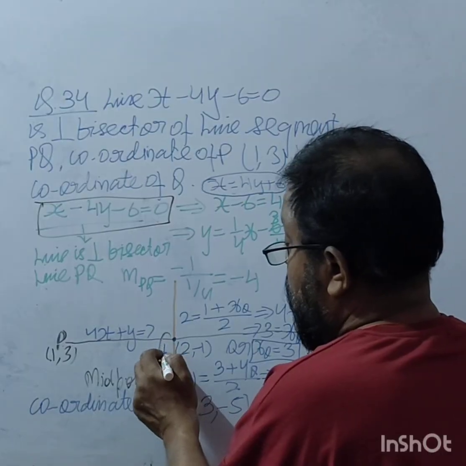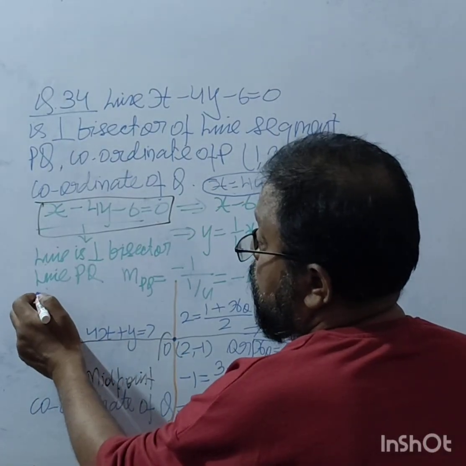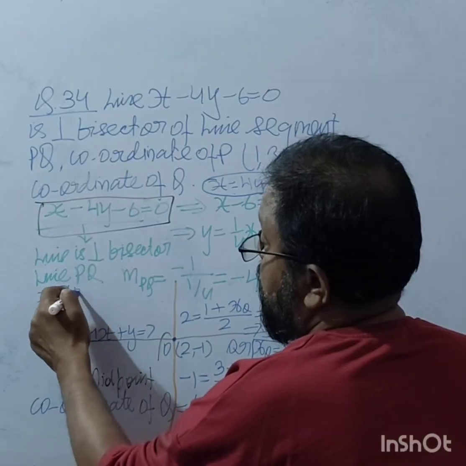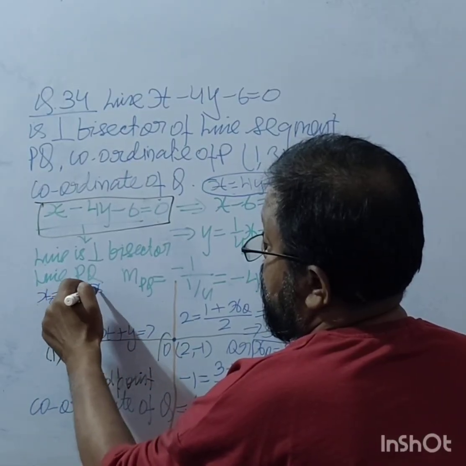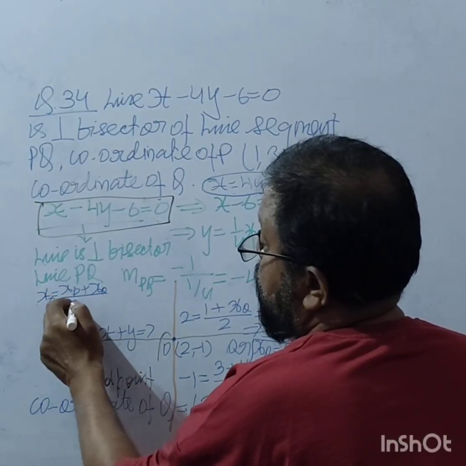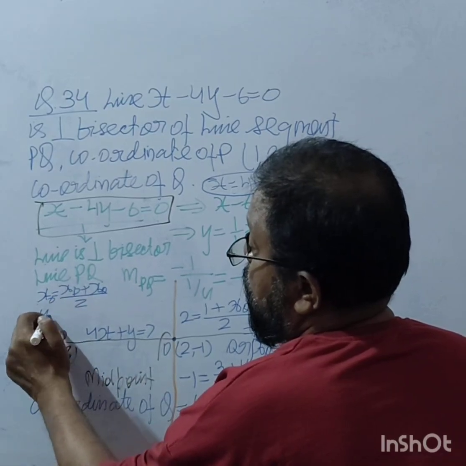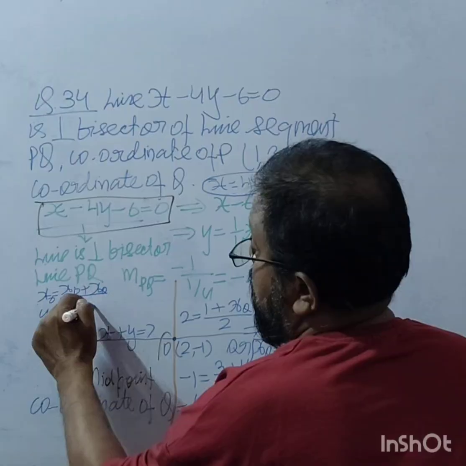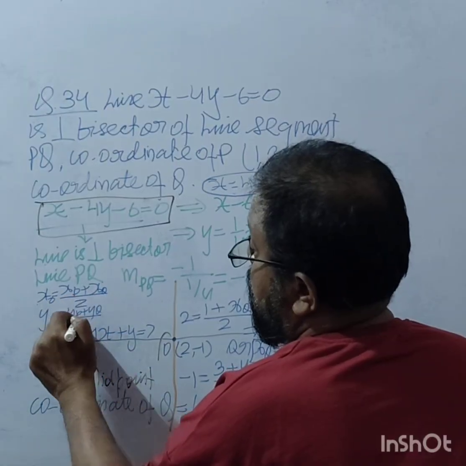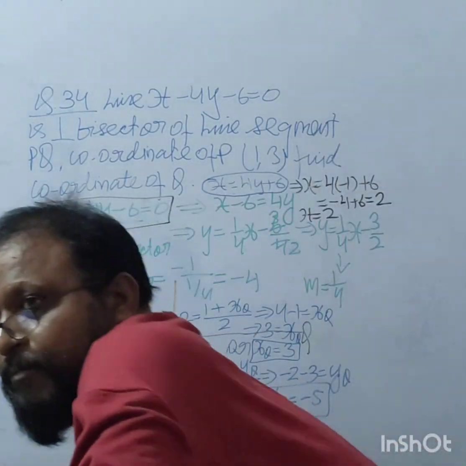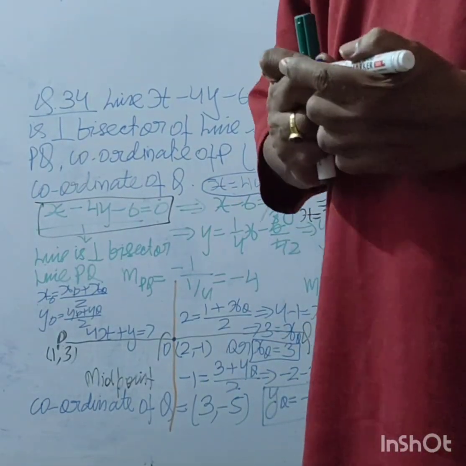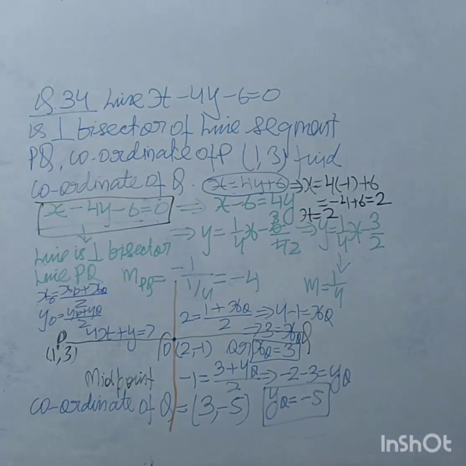If I say O, then xO is equal to xP plus xQ by 2, and yO is equal to yP plus yQ by 2. Get it? By using this midpoint formula, we solve this equation. I hope you get it. What is next?